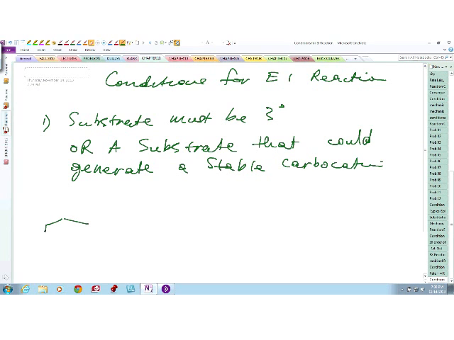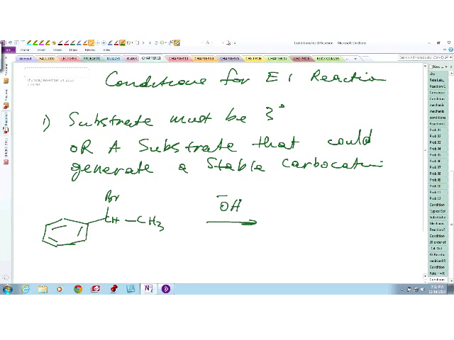Okay, for example, this here could be an E1 reaction.